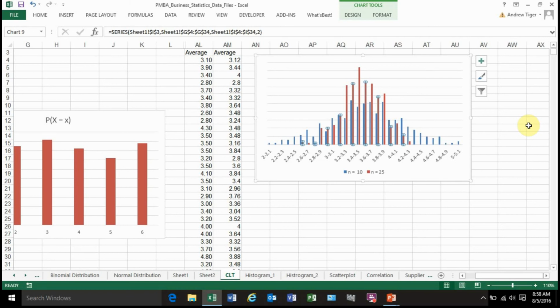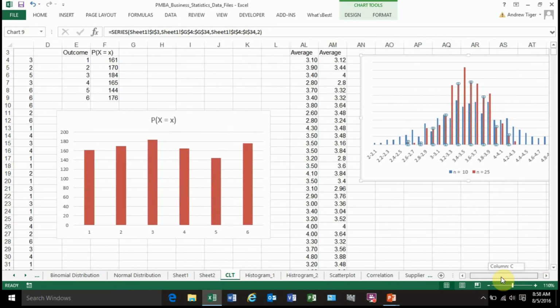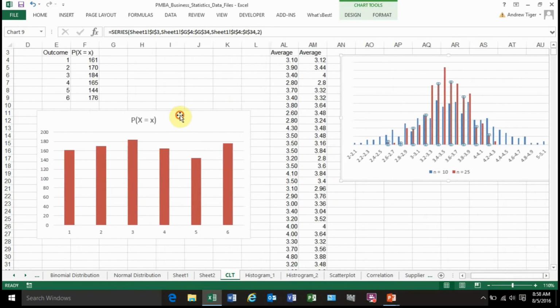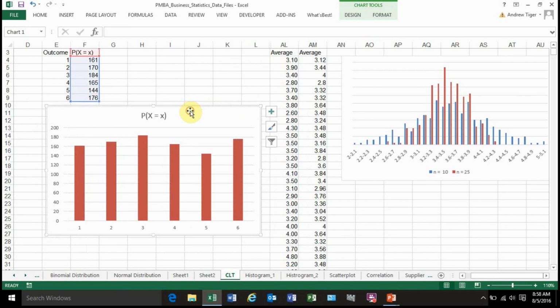Now, what's great about this is that it isn't a trick where it only works for dice examples. Regardless of the underlying distribution, whatever it is, I know that if I take samples and look at the averages, the averages are going to be distributed normally.